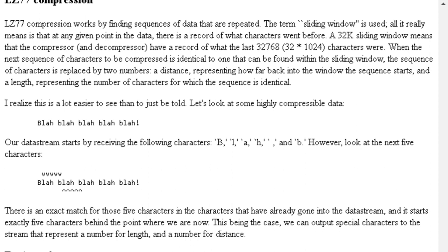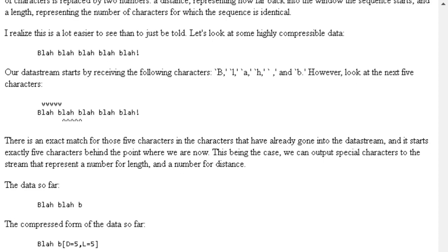Okay, so we got a little diagram here of the next 5 characters, and it's an exact match. Even with that space? Well, maybe not with that space. LAH space BL. LAH space BL.